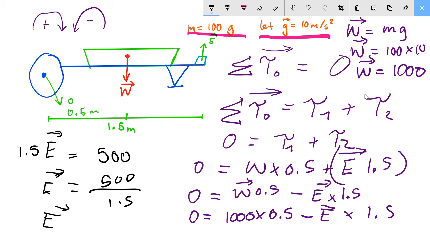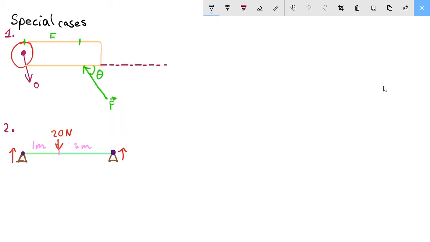Therefore E, put it in a calculator, will be 333 newtons.